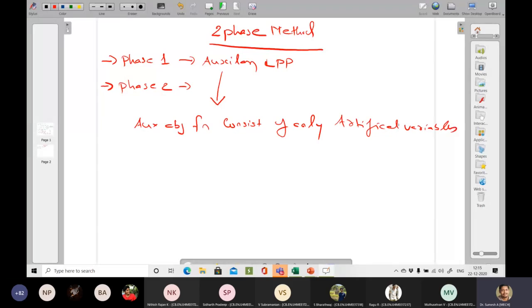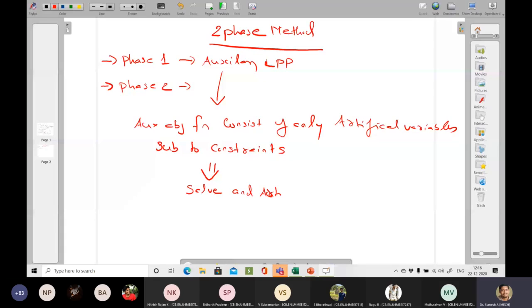You have to solve the constraints, and this artificial variable will get removed from the problem.